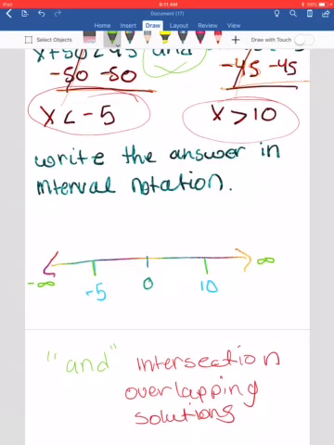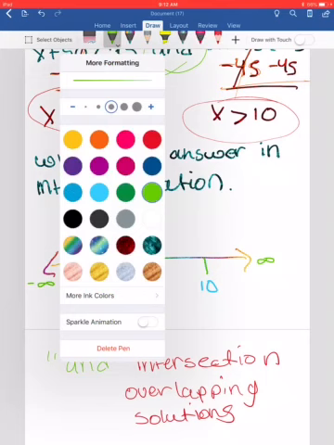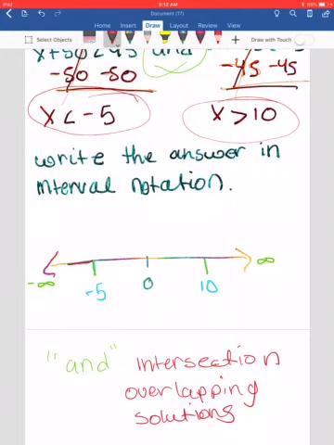First one, x is less than negative 5. All numbers less than negative 5, which way do we go? You figure it out. They'll go to the left. And on the other side, all numbers greater than 10 will go to, yes, the right. Hopefully you said right.